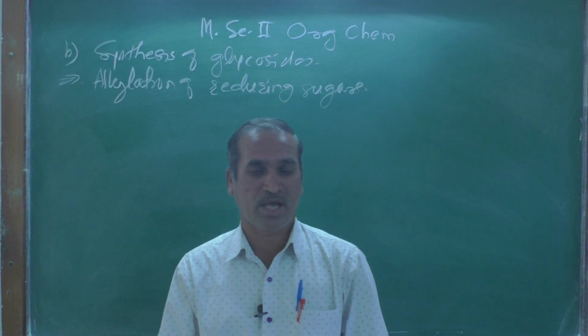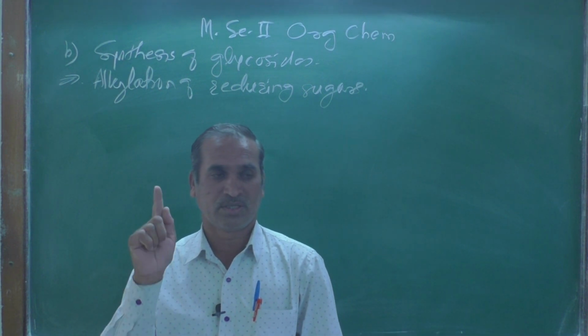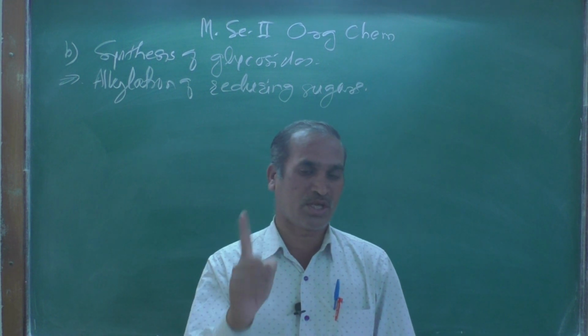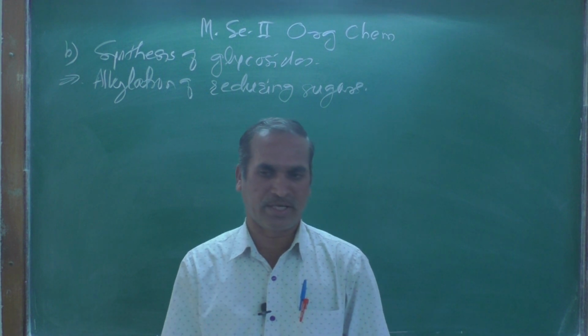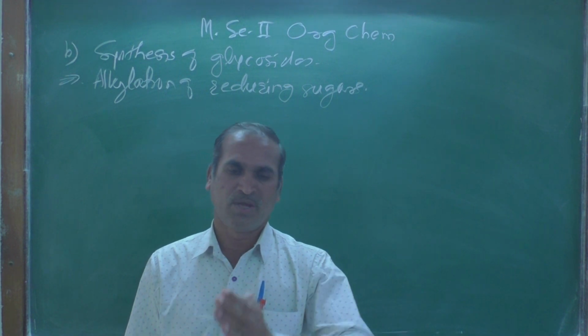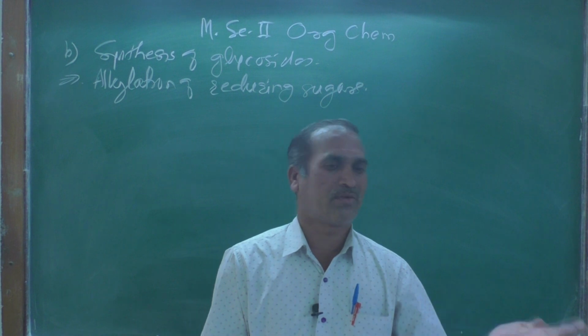at the same time, if you observe the structure of galactose carefully, at carbon number 4 the hydroxyl group is on the left hand side.